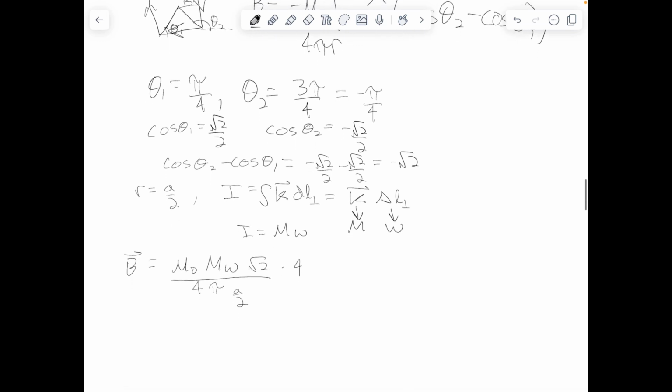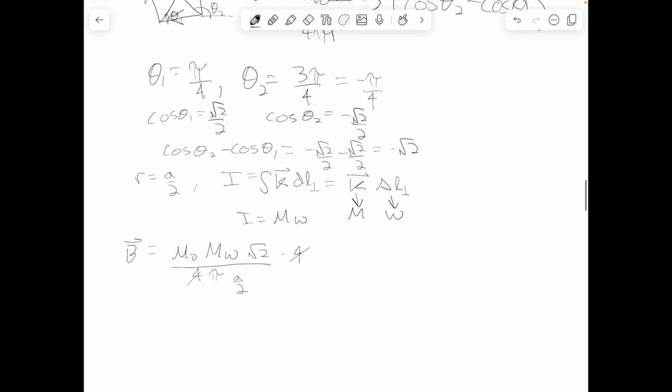So canceling those 4s and moving that 2 to the top, we get that B of the square, oh, and that's in the z hat direction like we found earlier. So we get that B of the square equals 2 root 2 mu naught M w over pi a in the z hat direction.